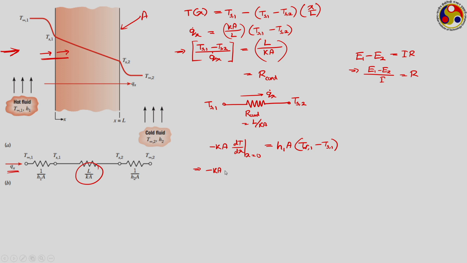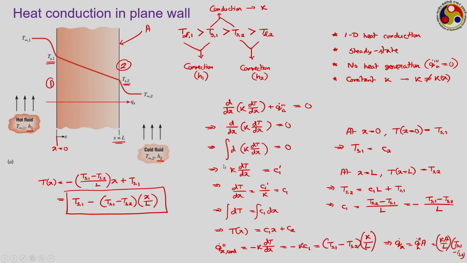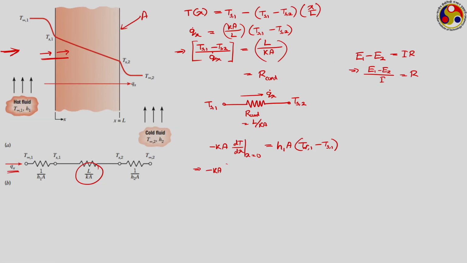So, minus K A into dT/dx at x equal to 0, which is C1, that is minus (T s 1 minus T s 2) upon L, at x equal to 0, but it is redundant to write x equal to 0 because this gradient is constant, it is independent of x, that is equal to H1 into A into (T infinity 1 minus T s 1).